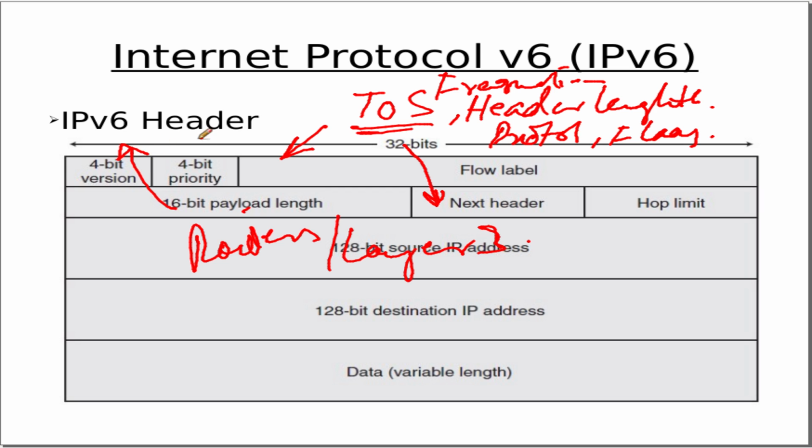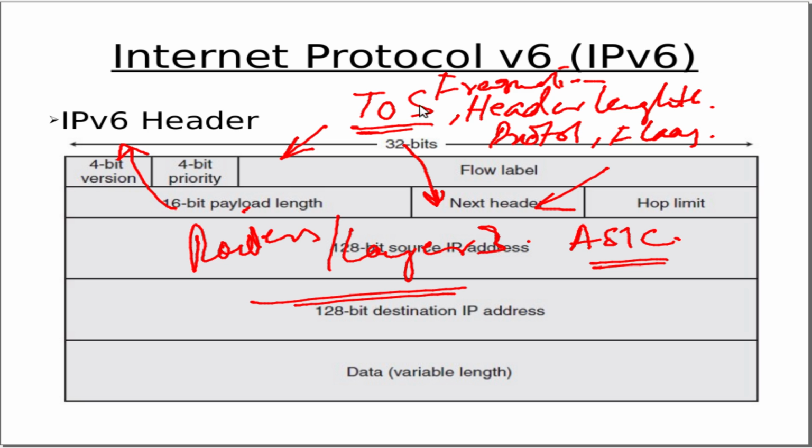So if we make the header simpler, it eases the burden on these devices. Simpler the header, faster the processing. That is one of the features of IPv6: though the header is bigger in size, most of its functionalities can be embedded in hardware using ASIC circuits. Once they become simpler, it becomes quicker and easier for routers to manage the data flow through the network.